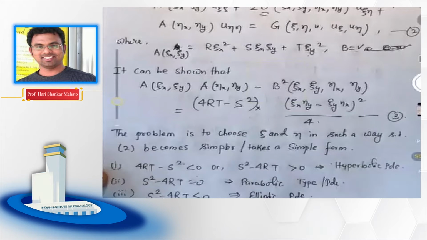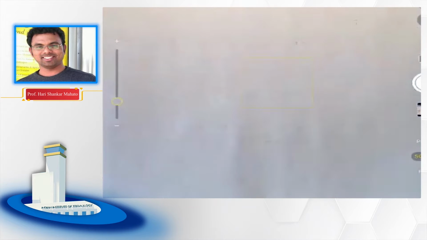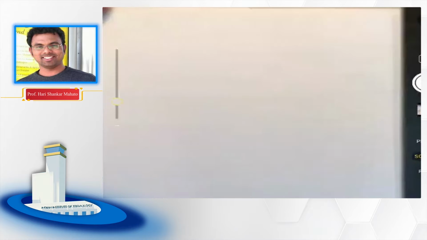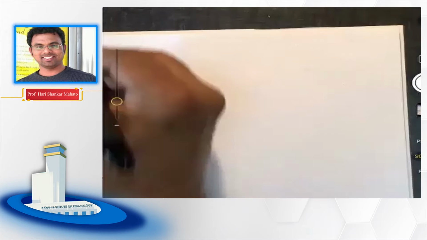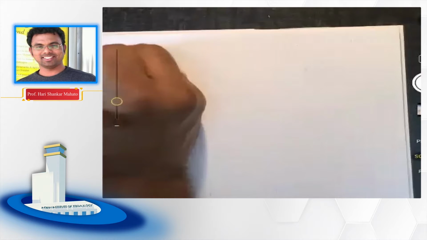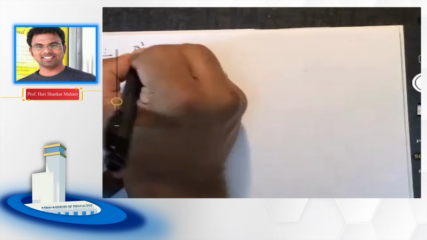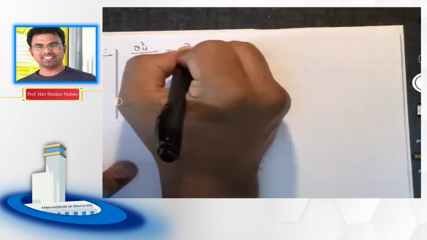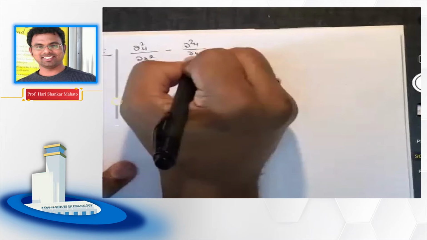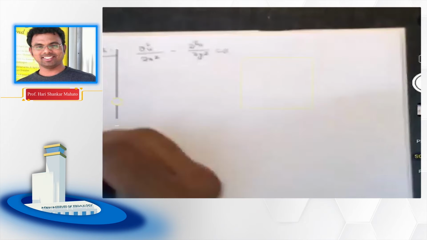We'll see 3 quick examples. So the first example is del square u by del x square minus del square u by del y square. What is the type of this PDE?